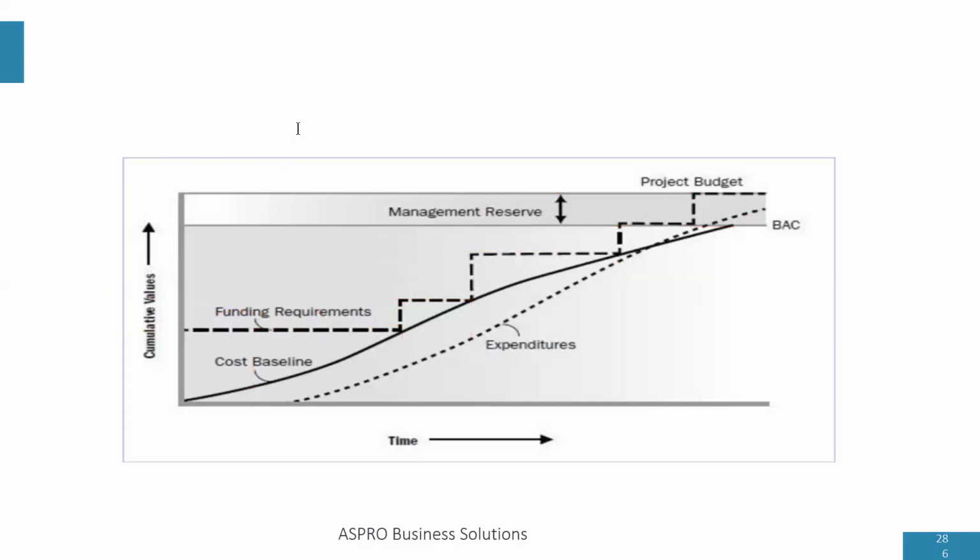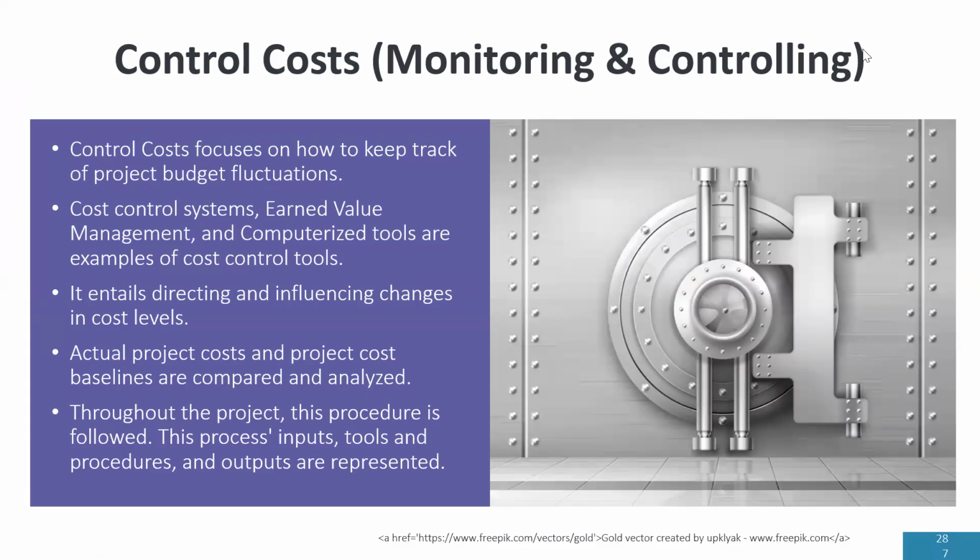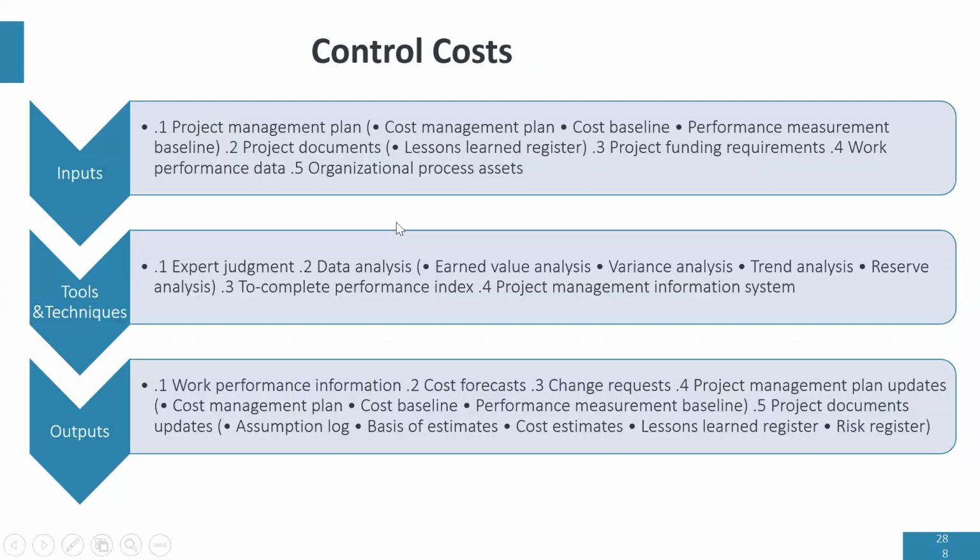So that is that. And then finally, we're going to talk about the topic we've been waiting for, which is control cost. And the topic within control cost we've been waiting for is called earned value management. Earned value management. So what does earned value management mean? That's what we want to look at.